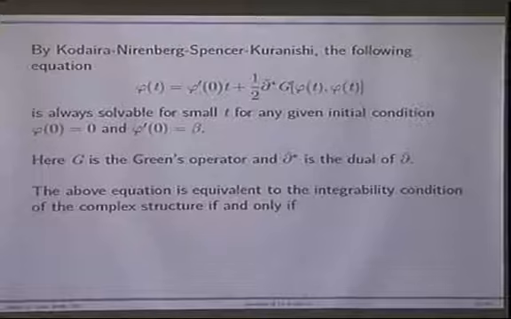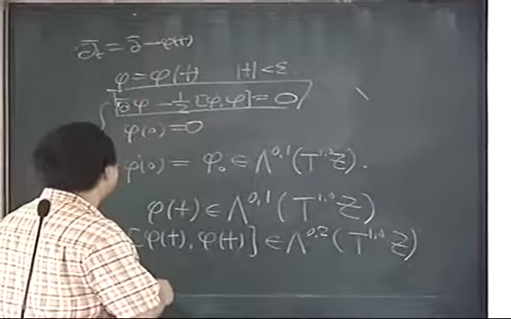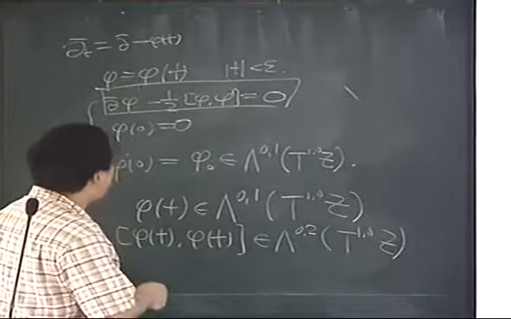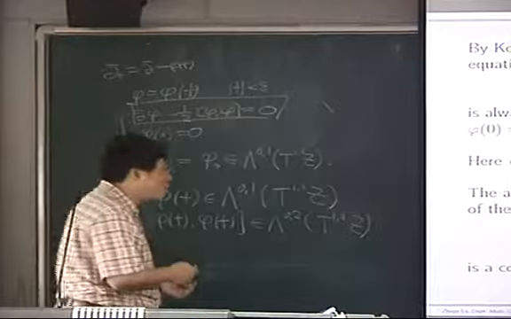So in general, it's not true. There are obstructions. But in the following three cases, there's no obstruction. We will see that if there's a solution, then the Lie bracket of phi and phi has to be a d-bar coboundary, and therefore the harmonic part of the bracket of phi with phi has to be 0.